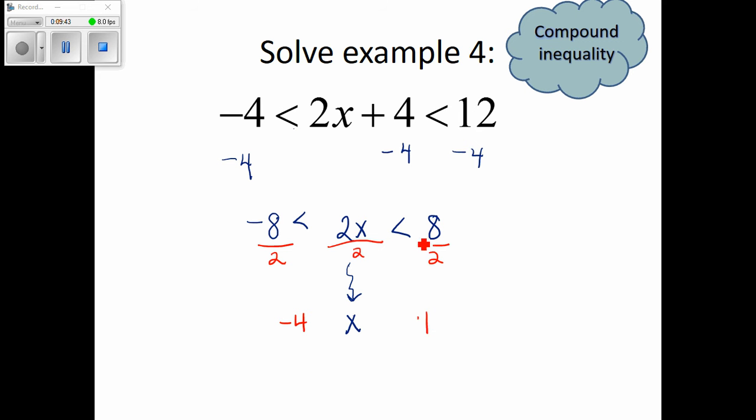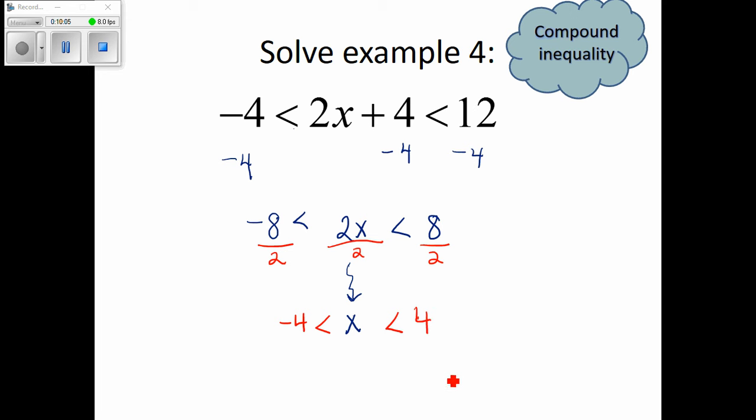Now notice, I'm not dividing by a negative. So because I'm not dividing by a negative, I do not flip the inequality sign. Okay? So this would be negative 4 is less than x, which is less than 4. Okay, 8 divided by 2 is 4. I think I had a 1 there on accident, but that should have been a 4.